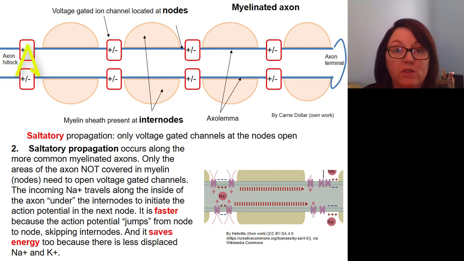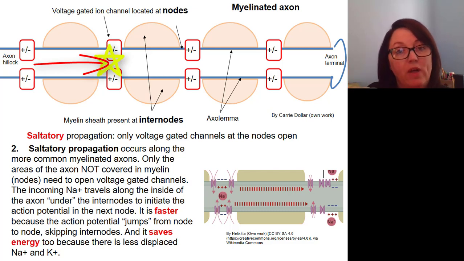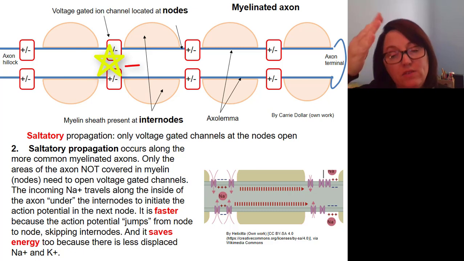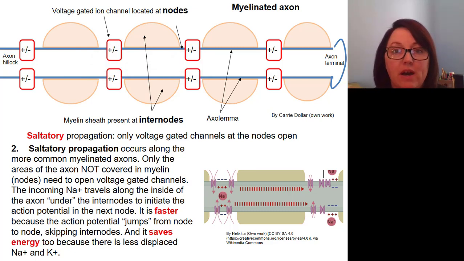So we're going to experience an action potential at one node. Ions will travel through the axon underneath the internode, activating the action potential at the next node, and this keeps happening over and over again. Now you can see that we're going to be using way fewer voltage-gated ion channels, which makes this energetically much more favorable because we're displacing much less sodium and potassium.